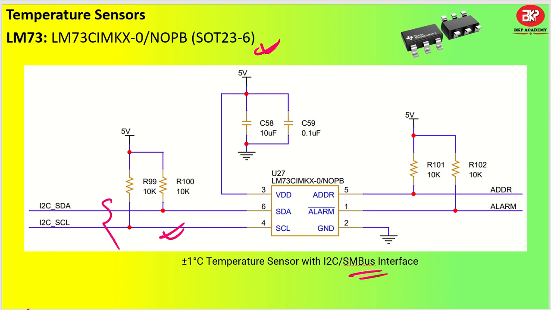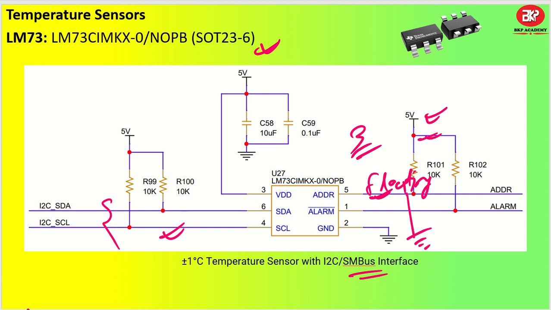Now this is my address line, which can have a maximum of 3 selections. It can be connected to the VDD pin, connected to the ground pin, or left floating. So there are 3 possibilities. I have connected it high, so this is my address fixed.